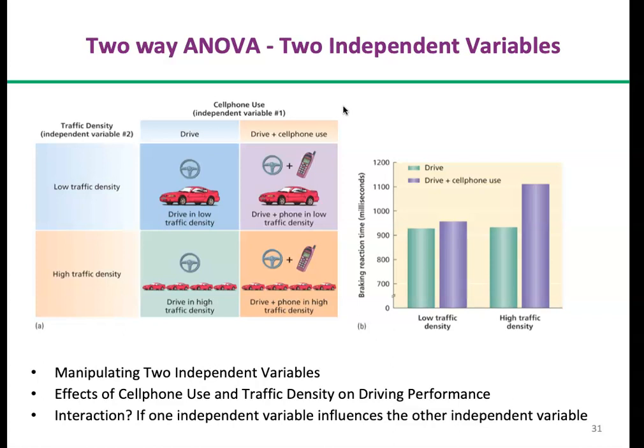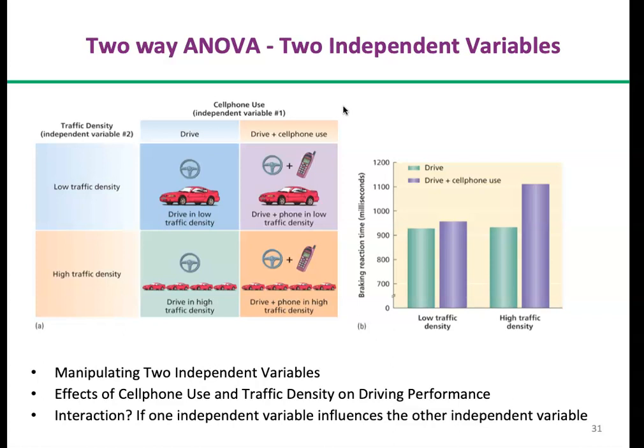When you're doing two like this, what this allows you to do is find the interaction effect of cell phone use and traffic. When you put them together, they may have an increased effect, the combination of the two, right? So you can see there on the chart, you've got drive and low traffic density, and then drive and high traffic density.